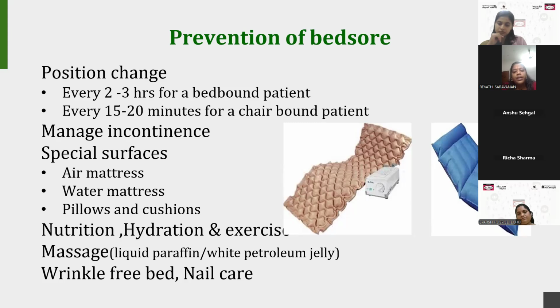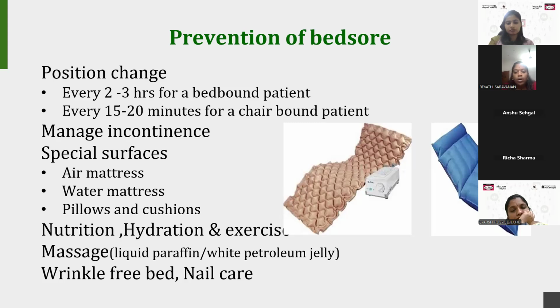Then special surfaces: air mattress, water mattress, pillows, and cushions. Such comfortable devices we can provide to patients. With air and water mattresses there were no complaints, but two weeks ago we received one complaint about an air mattress. Because of the heat, and because they were using the raw mattress without any bed sheet, they developed some blisters.